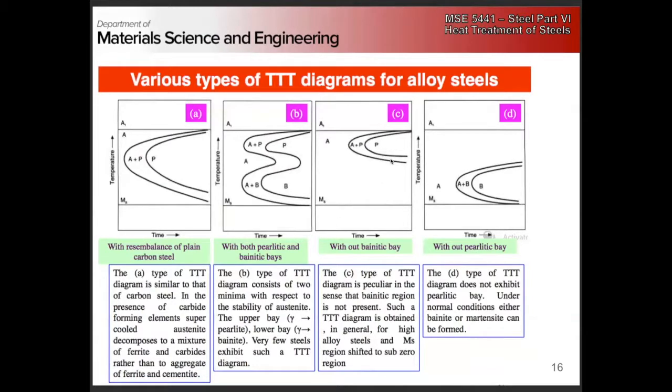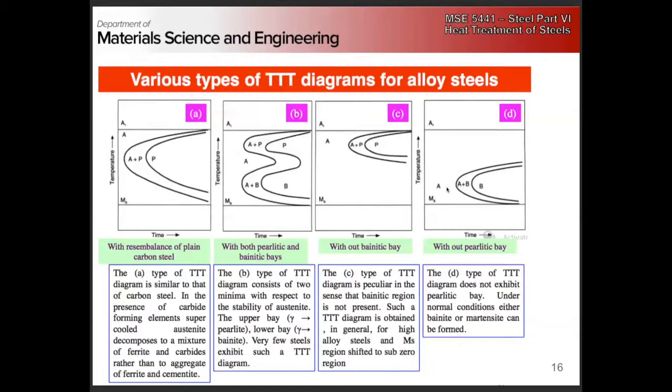A lot of alloying elements will shift our martensite start down and shift up our pearlite bay. So essentially, we're missing our bainitic region. Or here we have a type of TTT curve without the bainitic region, right? So these are just sort of schematics, in the same way as I talked about schematics of the 4 different types of phase diagrams you can have with the gamma phase field.